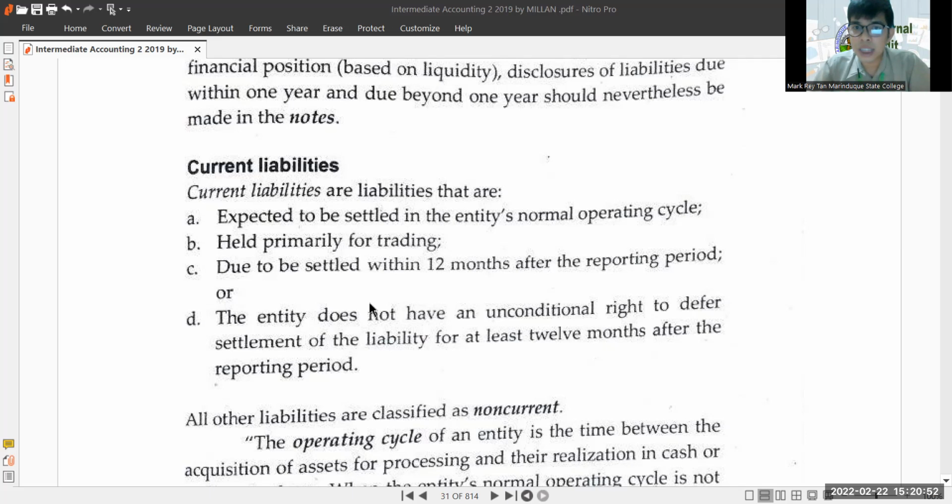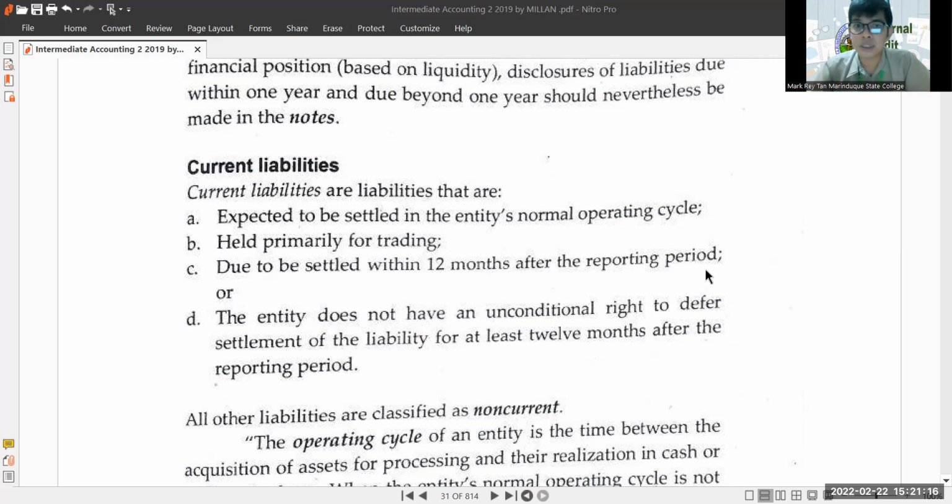That's the operating cycle, 12 months. Then up to December 31, 2023 is the next year. That is what is referred to here as due to be settled within 12 months after the reporting period, because the reporting period of the entity is normally the last day of the year.